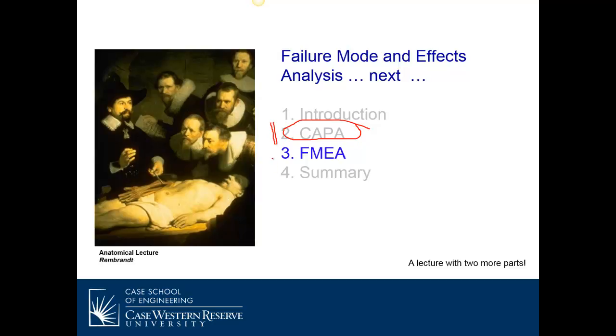So again, treat the FDA documents as your anatomical lecture from a CAPA perspective. What I'd like to do now is move on to the failure modes and effect analysis in our third and second to last lecture in this series.